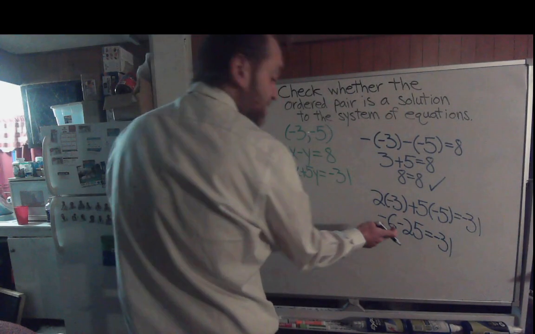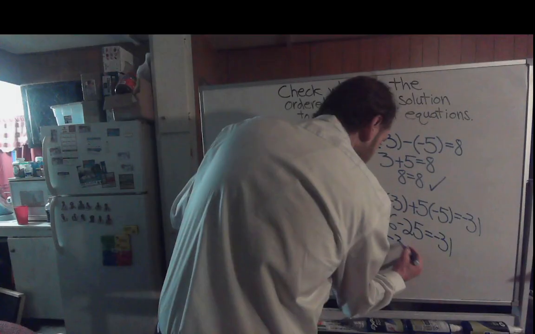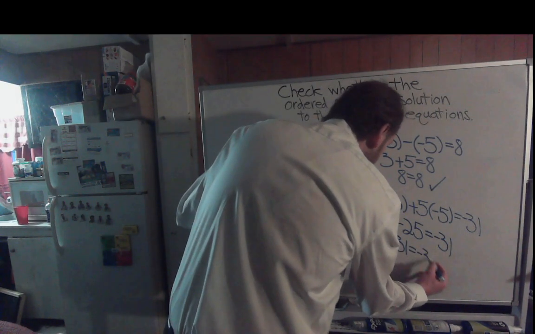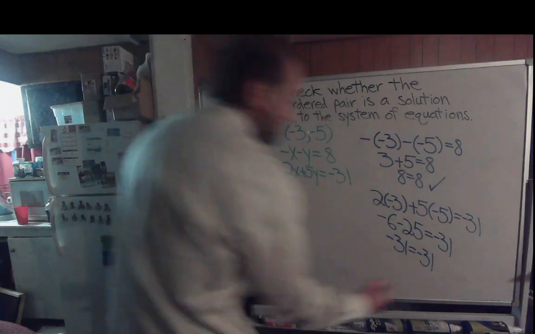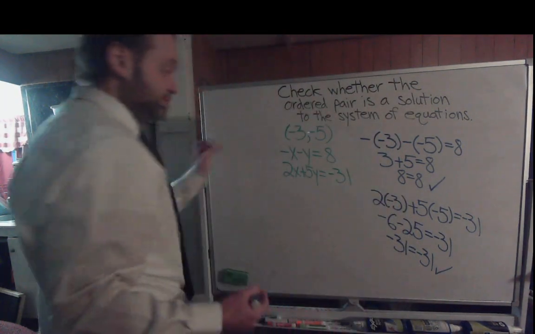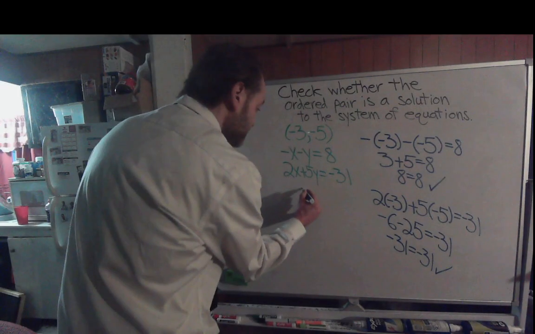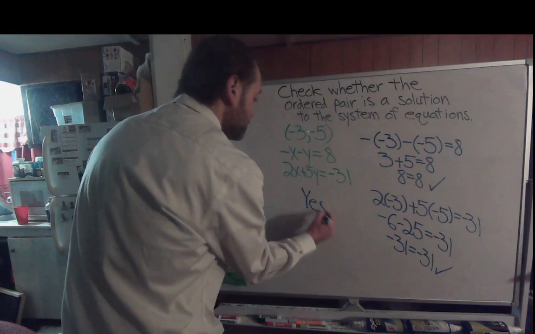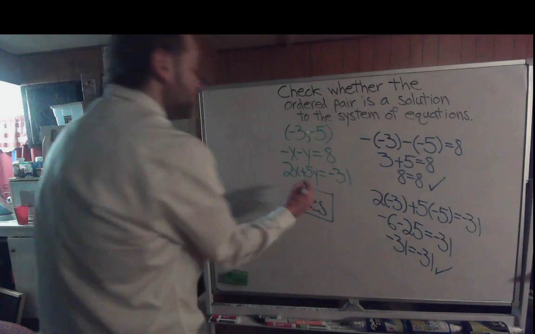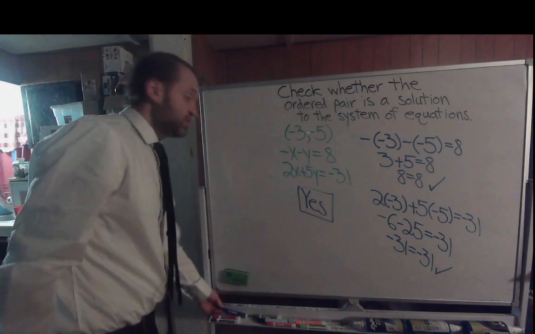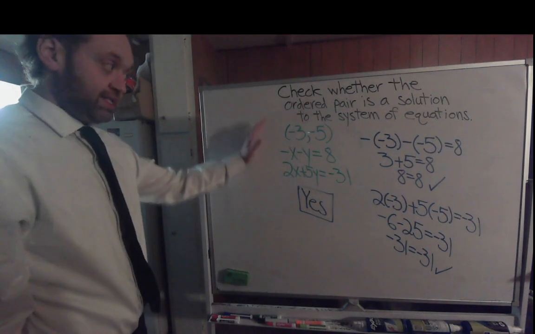Well, negative 6 minus 25 is negative 31. And negative 31 definitely equals negative 31. This point checks out for both equations, so yes, this is a solution to the system of equations.